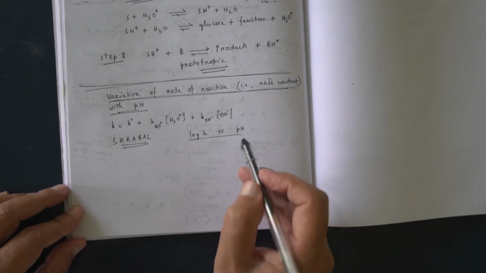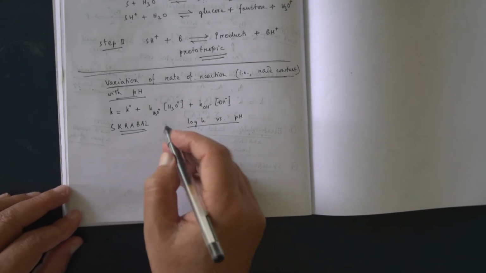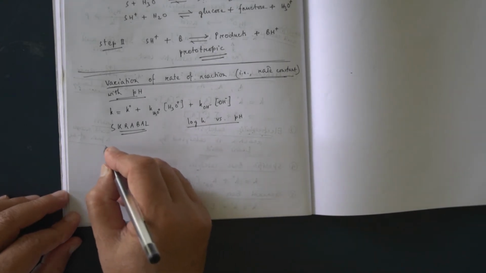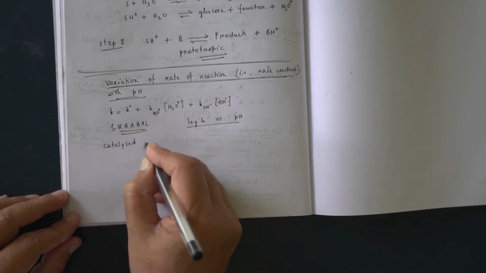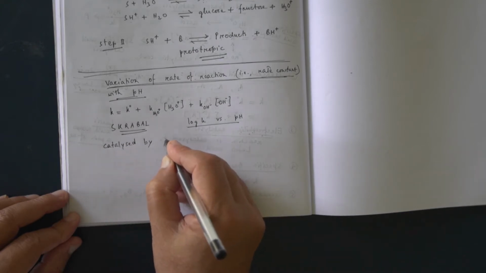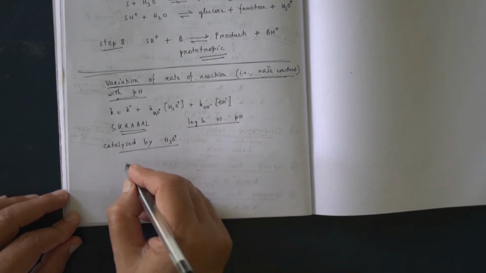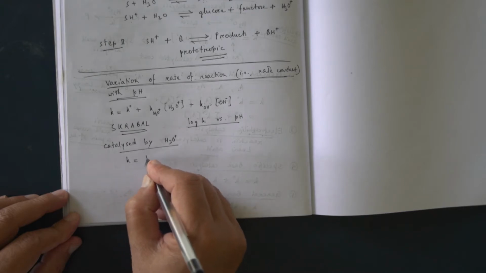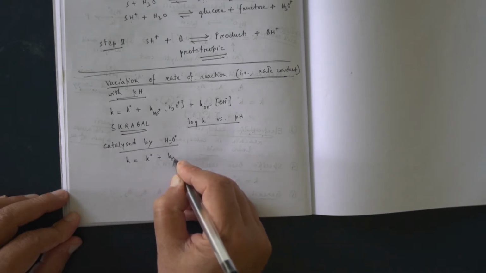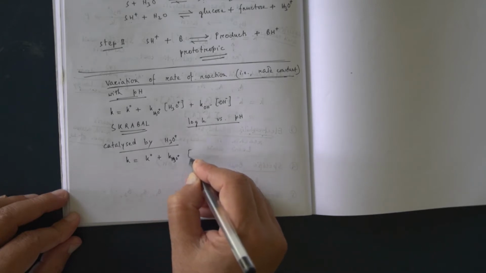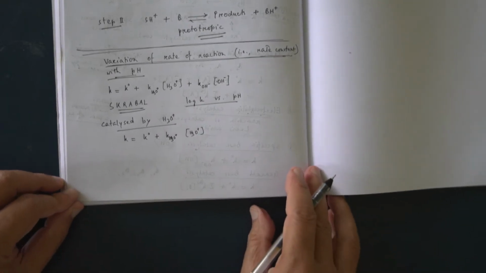Now let us take one example. Suppose the reaction is catalyzed by only hydronium ion. In that case, K will be equal to K naught plus K H3O plus times the hydronium ion concentration.